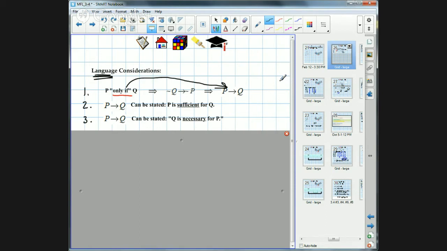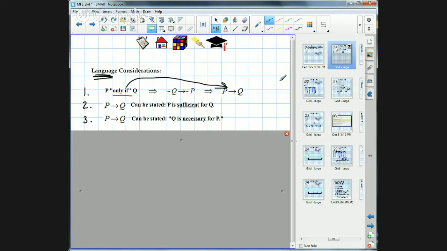When you have an arrow, you know what that means: if the first part, then the second part. So if I said to you, it rains only if the sidewalk got wet, well, it just means if it rains, then the sidewalk gets wet.